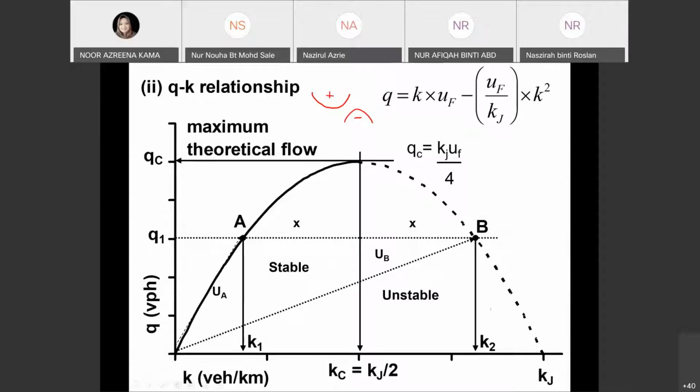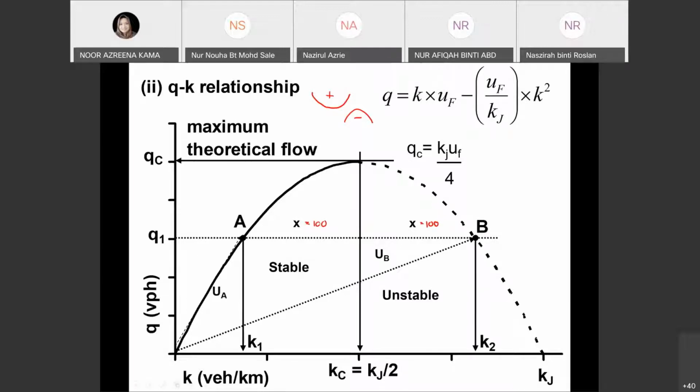Lagi apa? Lagi, from the center line to the point A and point B, because the polygon, the graph is symmetry. So the distance from the center line to point A and the distance from the center line to point B are the same. X sama. Kalau sini 100, X equal to 100, yang ni pun 100 juga. So dia symmetry. What else?